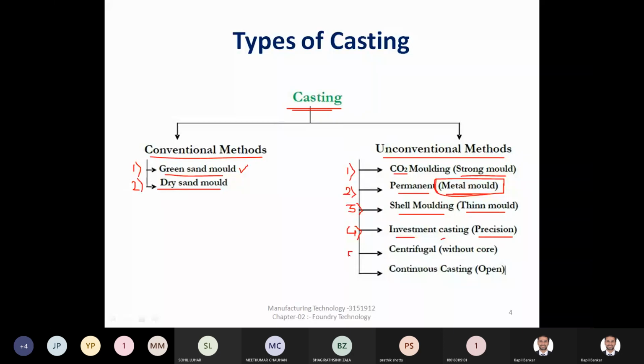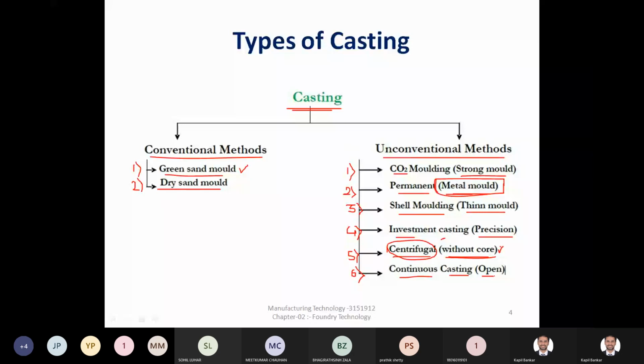The fifth process among these unconventional methods is centrifugal casting. In this process, you need not require a core. Without the requirement of a core, you can produce a hollow product in this centrifugal casting process. And method number 6 in the unconventional methods is continuous casting, or it is called open casting.